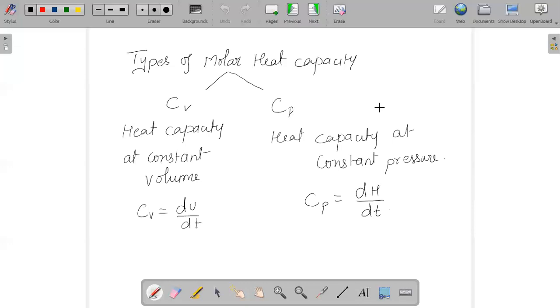Cv is heat capacity at constant volume, and Cp is heat capacity at constant pressure. I stress again, it is molar heat capacity: molar heat capacity at constant volume, molar heat capacity at constant pressure. The relation is very, very important.